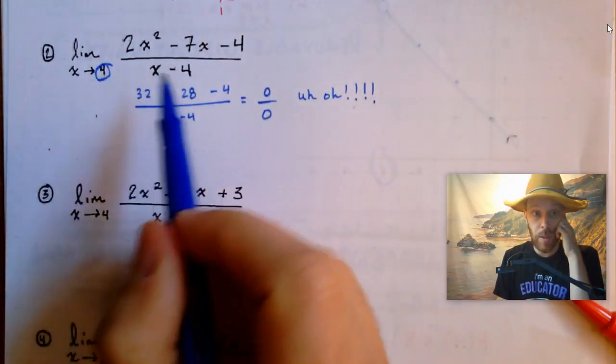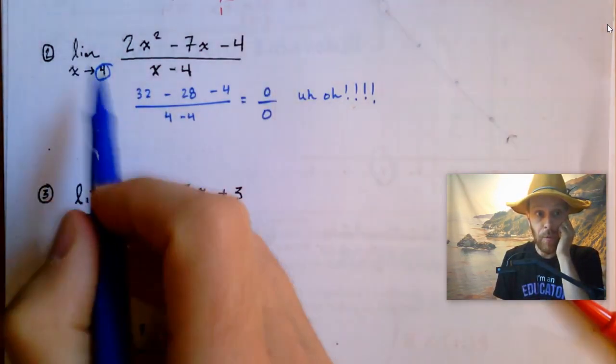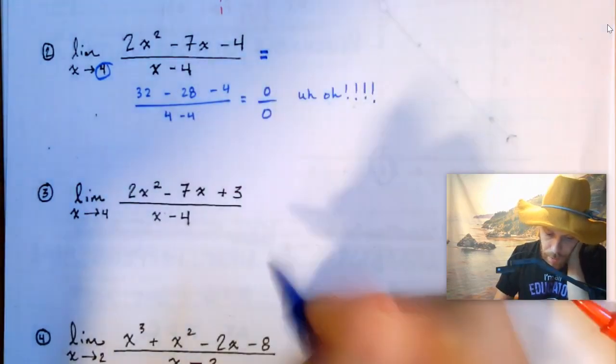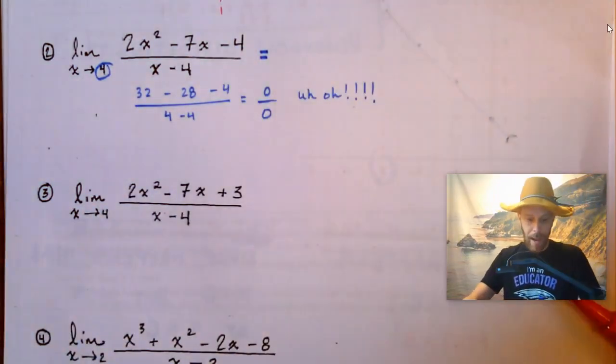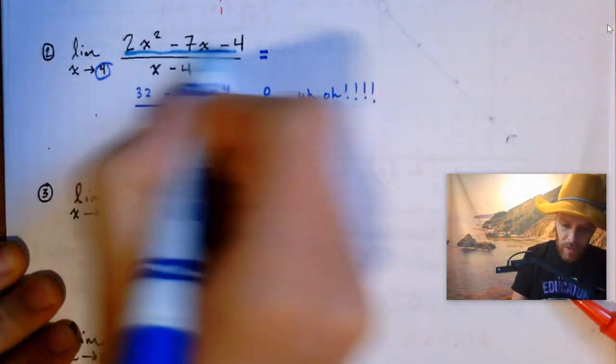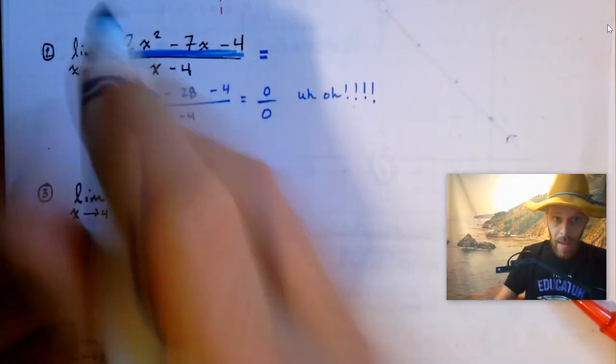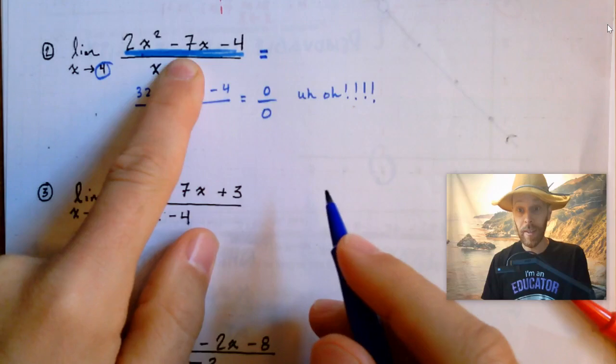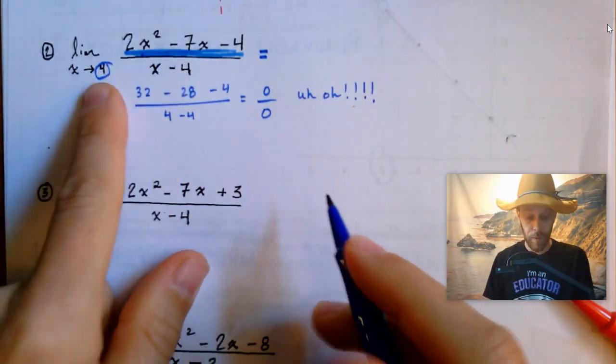So 4 is a root of something in the numerator, and 4 is a root of something in the denominator. So I'm going to mess around with this guy right here. I have a feeling that this quadratic can be factored to give us something that has a root of 4.